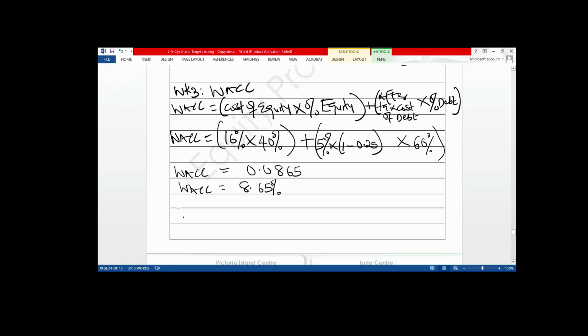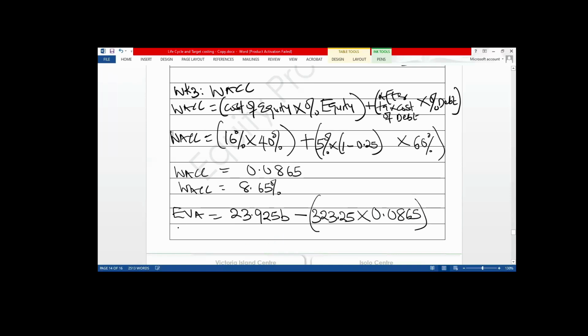Now you can determine your EVA, the economic value added. It is equal to the note part, working one, 23.925 billion, minus, open a bracket, adjusted capital employed, 323.25 multiplied by 0.0865.